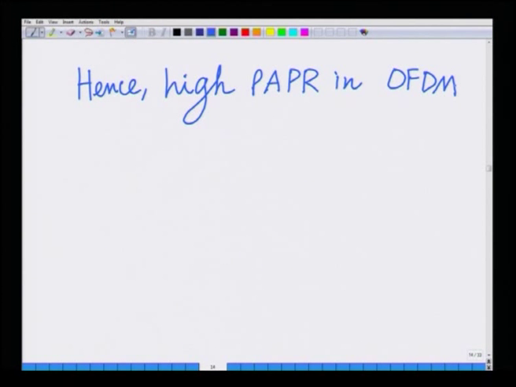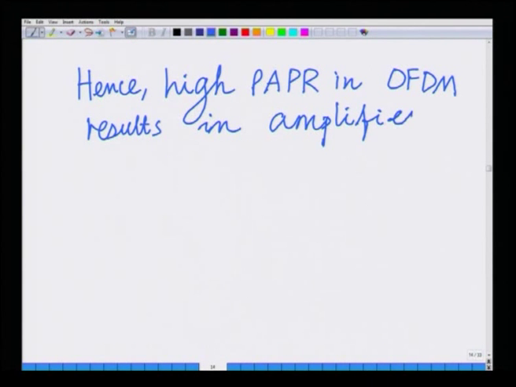High PAPR in OFDM results in amplifier saturation, leading to non-linearity and essentially distortion and intercarrier interference.